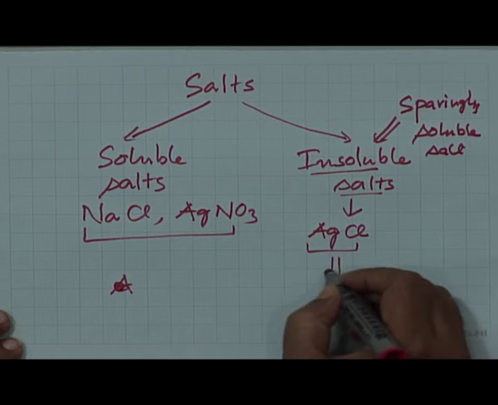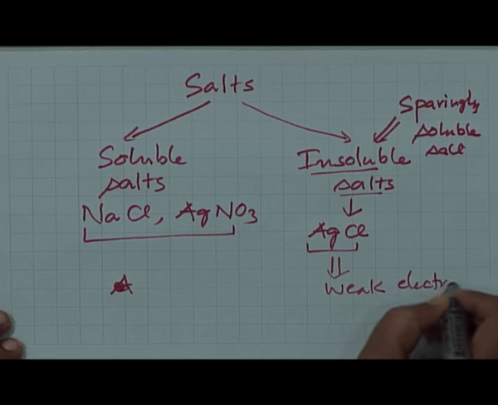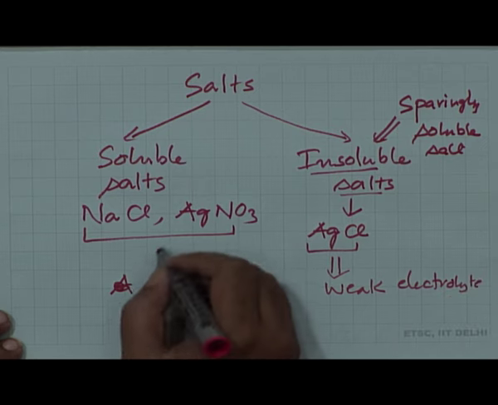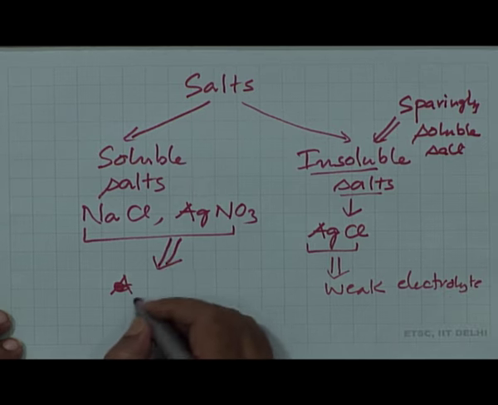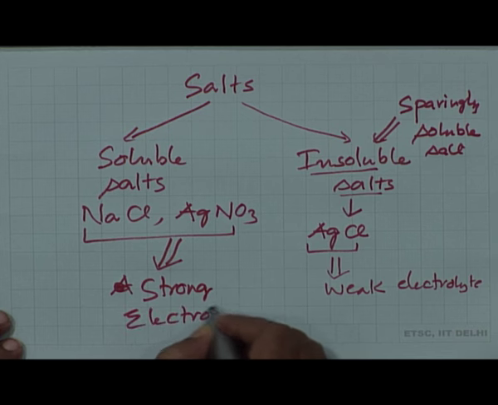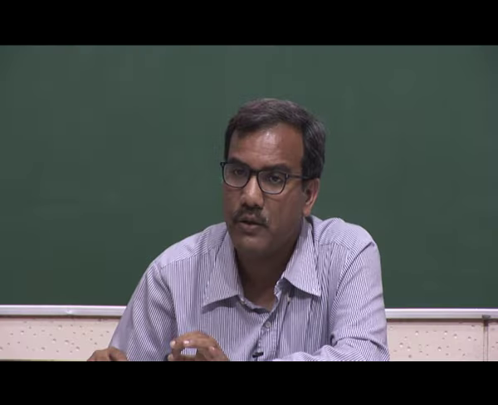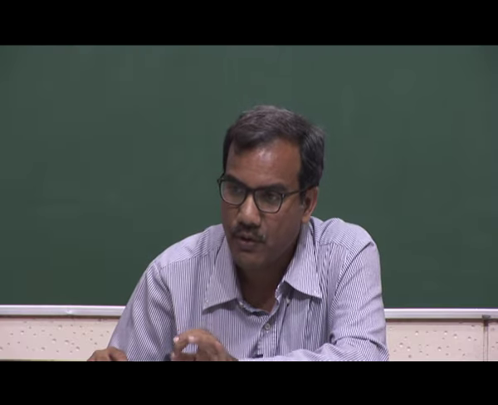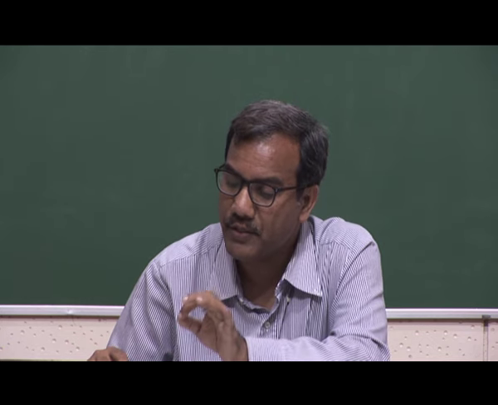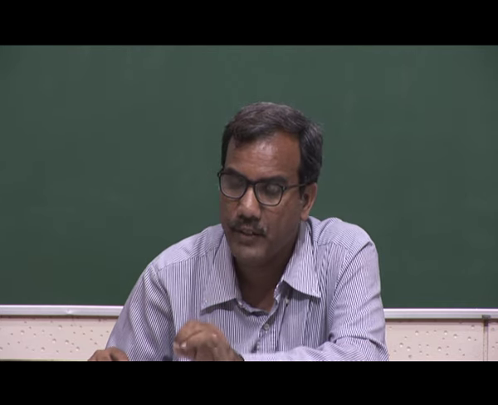Sparingly soluble salts are weak electrolytes, whereas soluble salts are strong electrolytes. So, salts can be of two types: soluble salt and insoluble salt. Soluble salts are strong electrolytes, whereas insoluble salts are weak electrolytes.